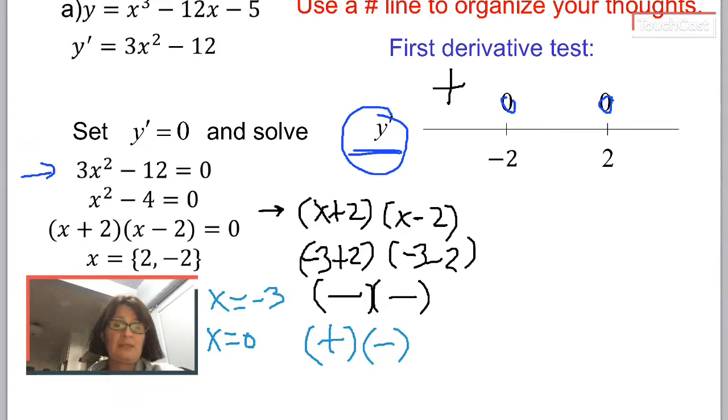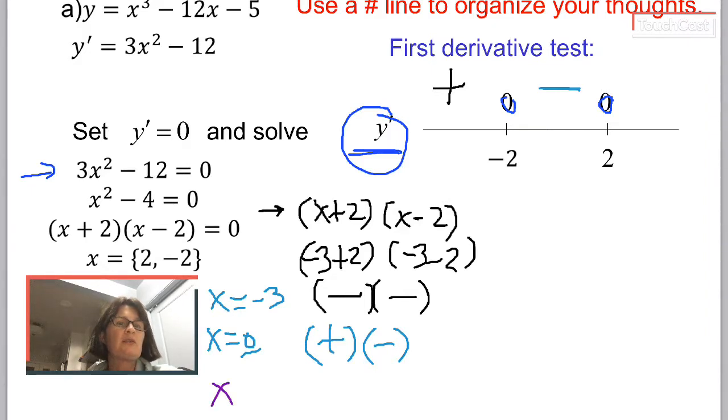A positive number times a negative number, the result is going to be negative. The number I was testing was 0, and that's on this interval between -2 and +2. And now I know that any number between -2 and +2 I use in my y prime, I'm going to get a negative result. I have one more interval to test.